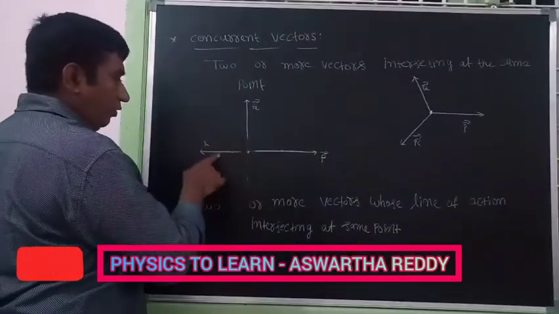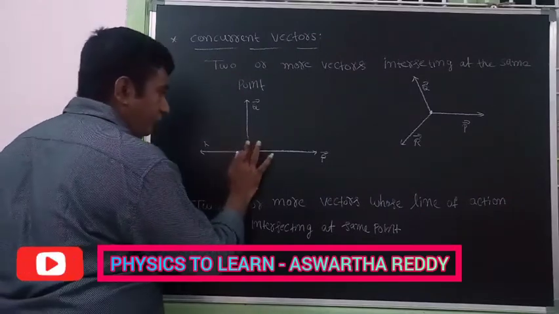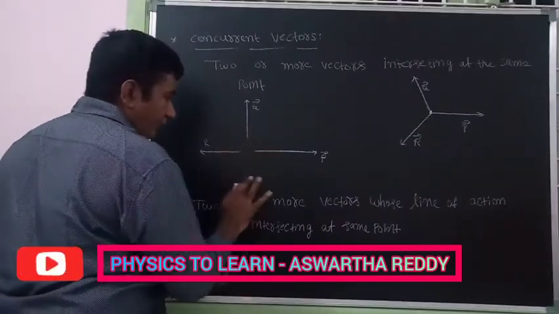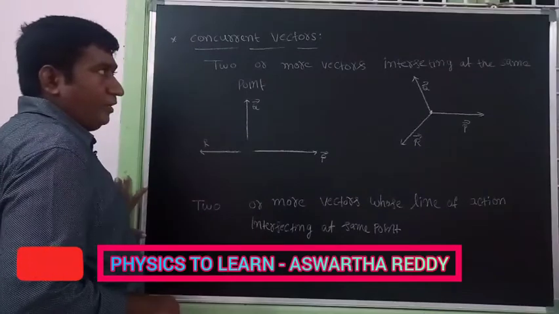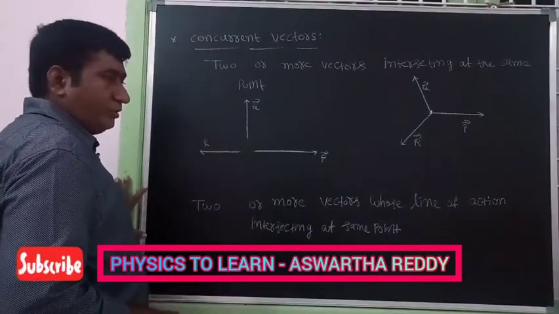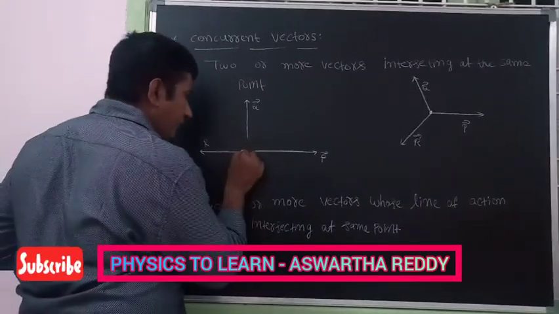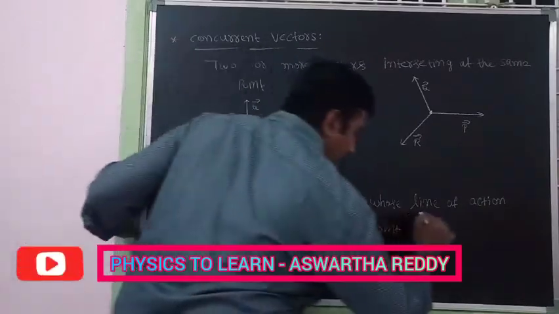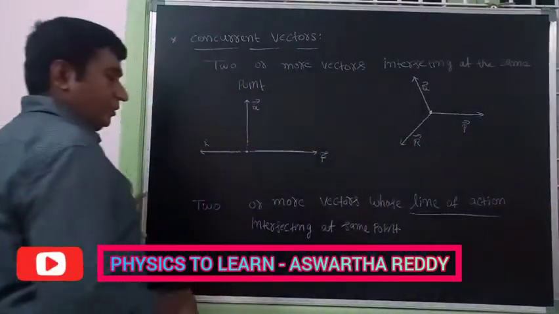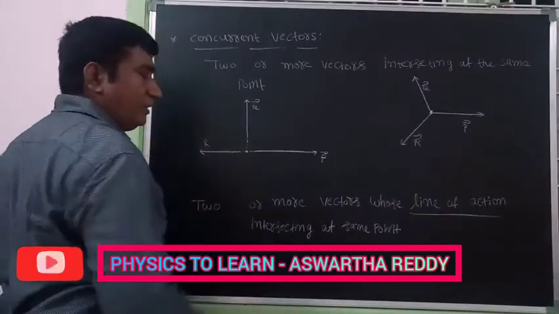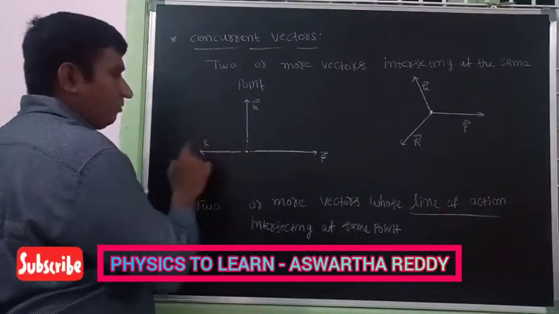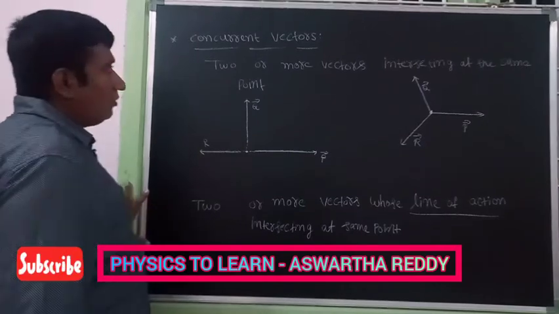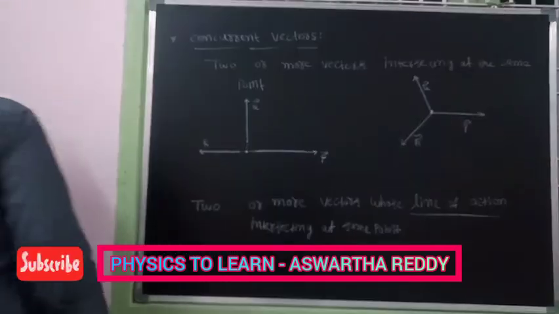P, Q, R as initially taken do not have any common intersecting point. But if you extend them, you get the lines of action intersecting at the same point. Such type of vectors we can also call concurrent vectors.